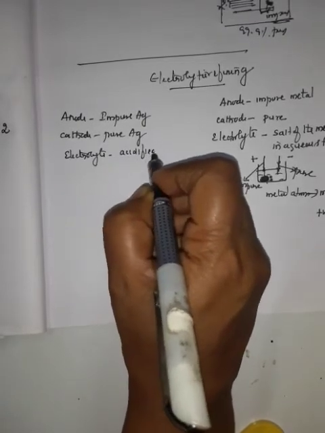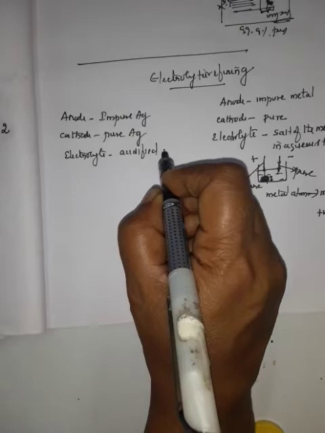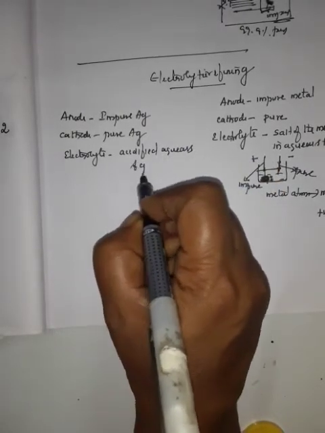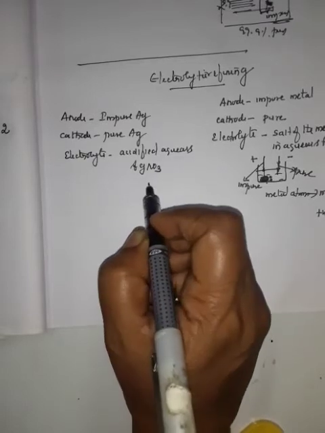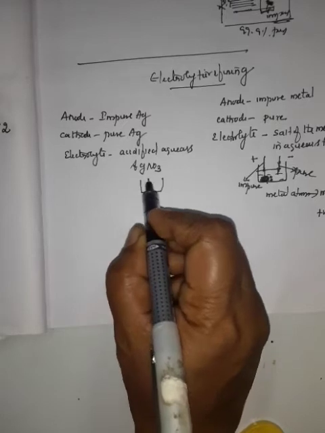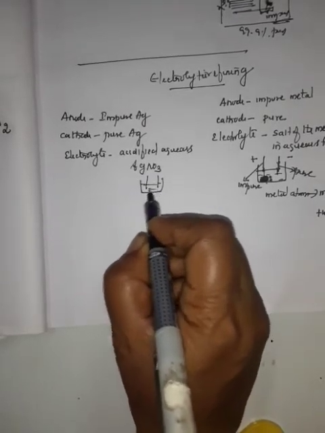Acidified means a little acid is added. Aqueous means water. Same electrolytic vessel: anode, cathode, electrolyte.